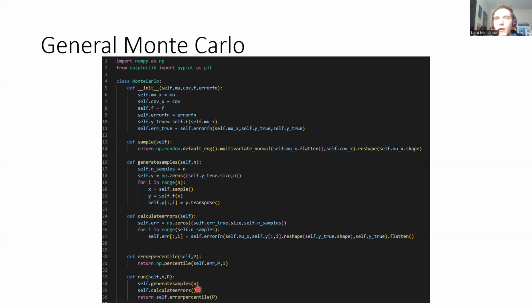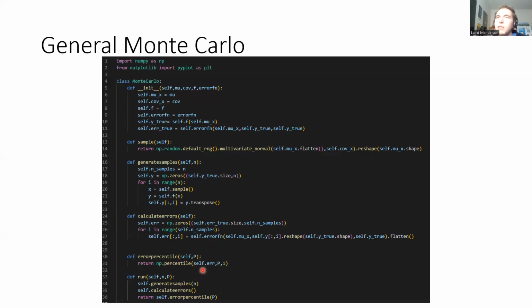Then you calculate the errors. This method runs the error function to get the pointing error and geolocation error from the unit vector. When you run it, you specify a percentile you're interested in, and it outputs the error at that percentile. If we're interested in the 90% geolocation error, we'd put in 90% as the P when we run it.